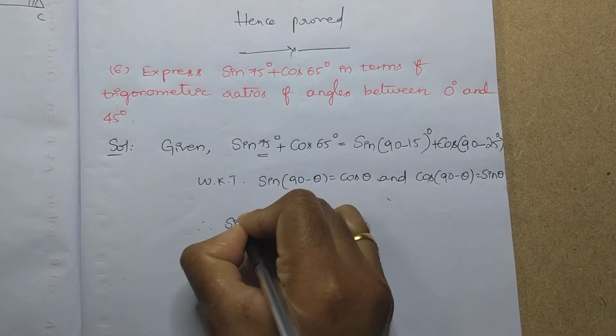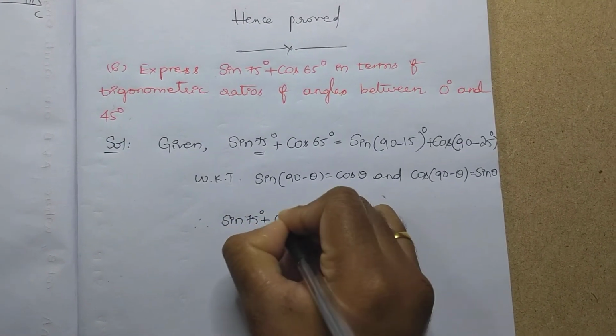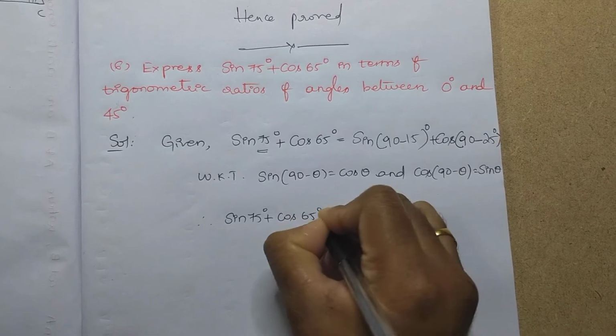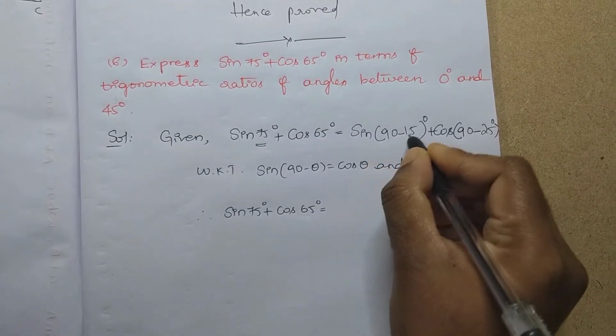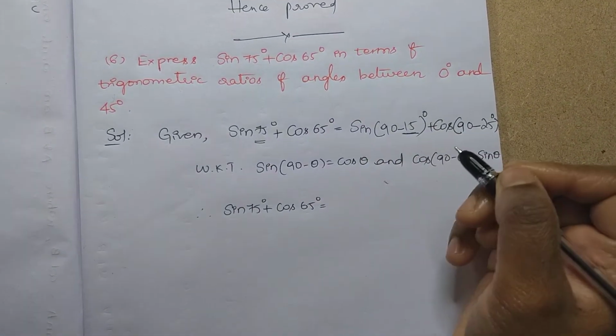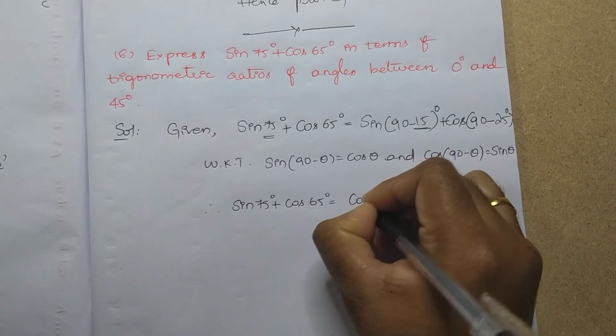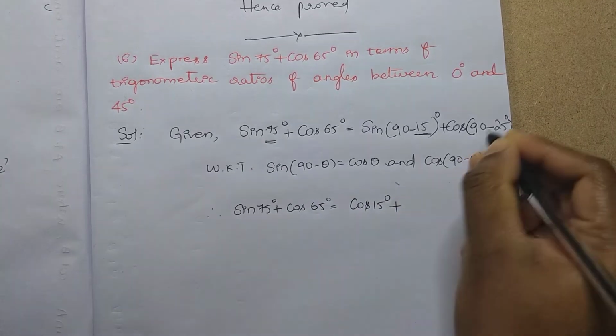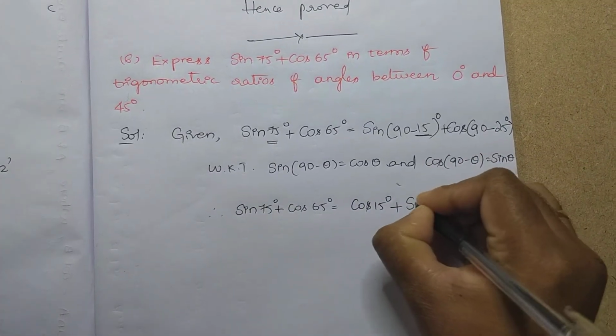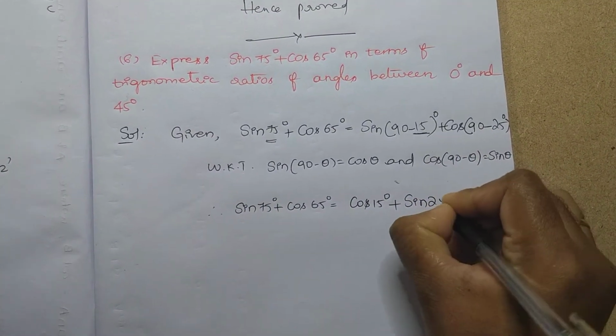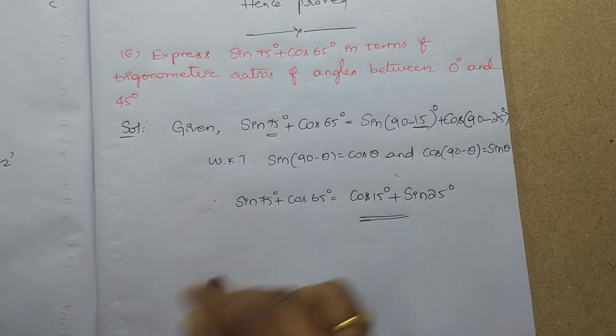Therefore sin 75 plus cos 65 equals, when you assume this 15 degrees as theta, sin of (90 minus theta) is nothing but cos 15, plus cos of (90 minus theta), which is nothing but sin 25 degrees. So this is the answer.